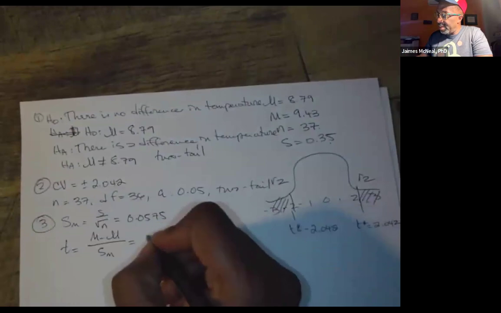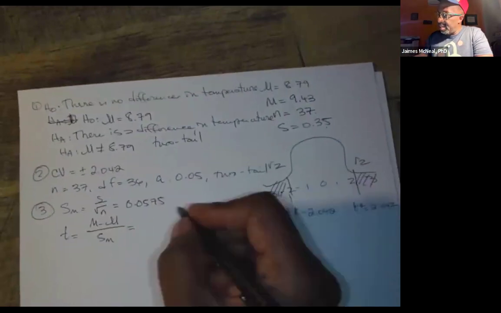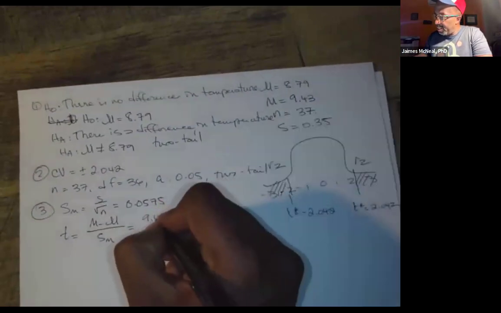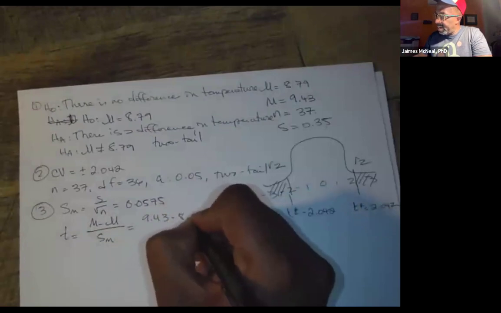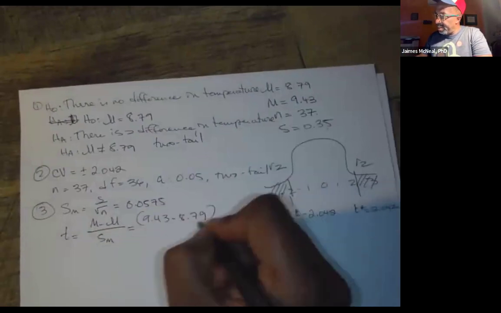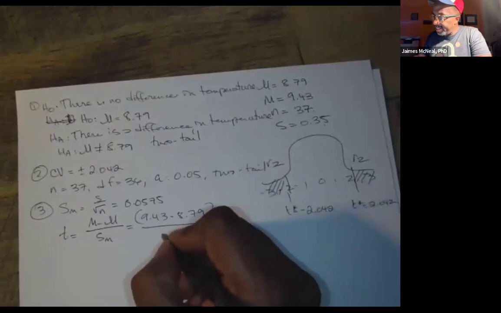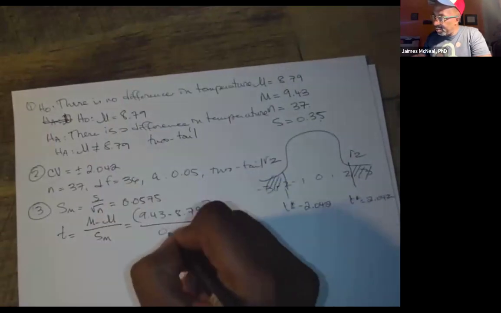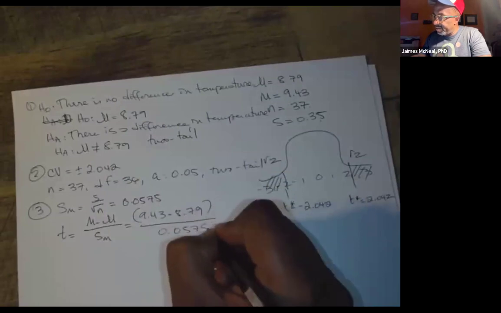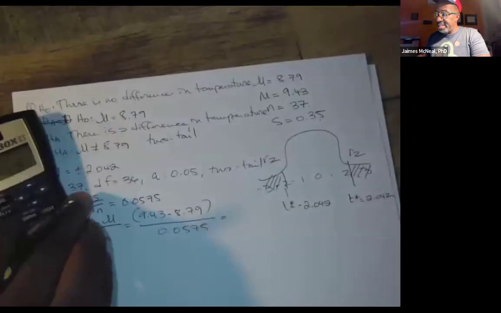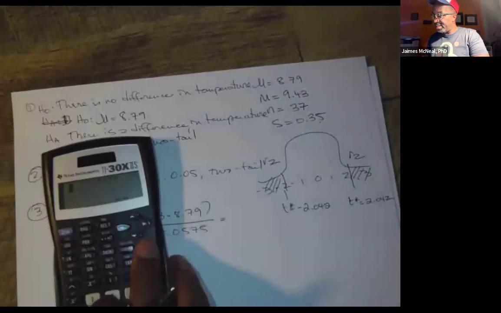All right, so let's go ahead and do the calculation. 9.43 minus 8.79. Put parentheses around that because we want to get that difference first, and then divide that by the standard error, which is 0.0575. If it's in the rejection zone, we're going to reject the null hypothesis.